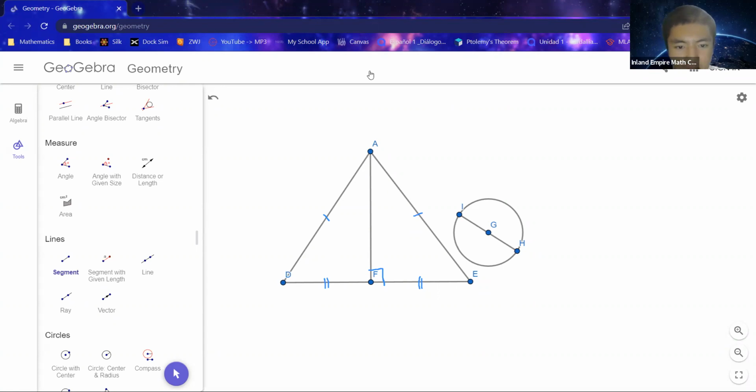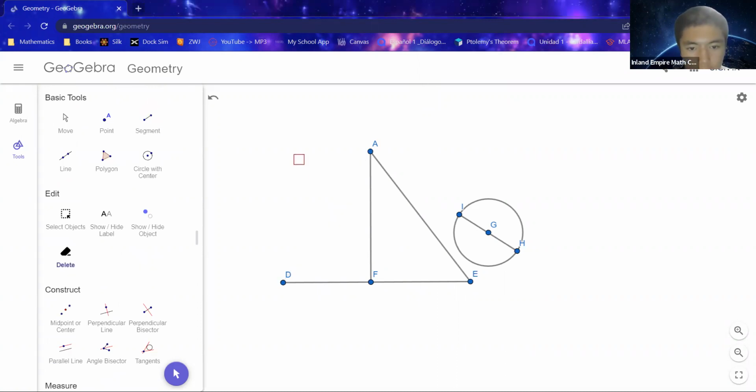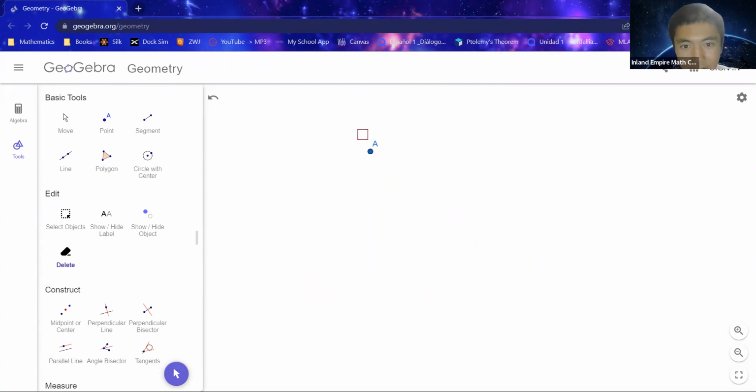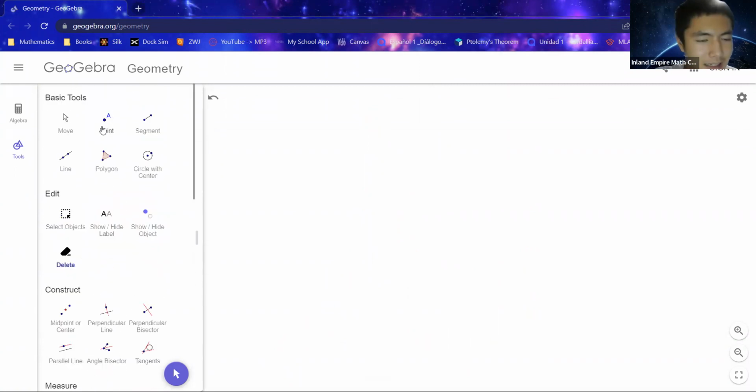Because we're going to use this concept to talk about how the perpendicular bisectors of a triangle are concurrent. So let me erase this real quick. All right, today's concepts build on each other, so if you don't understand anything, make sure to tell me, because it's going to affect your understanding of the concepts later.